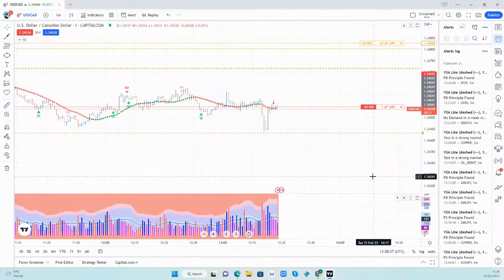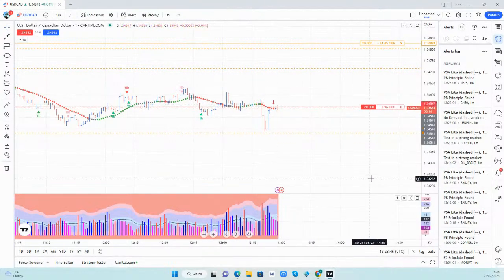Now we've got about 2 minutes to news. So as you can see, the market has gone sideways before the news. And then when the news comes in, there will be a sudden move. So we're just going to keep an eye on that and see.